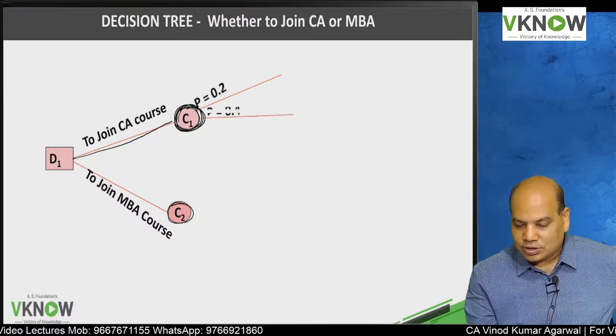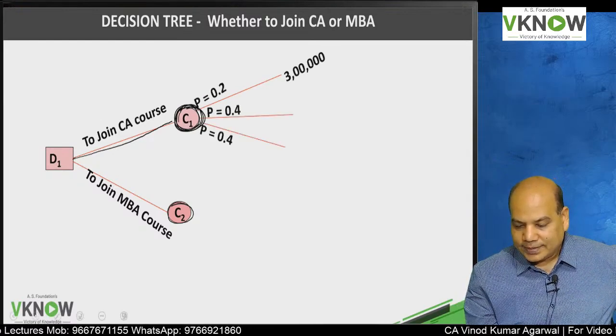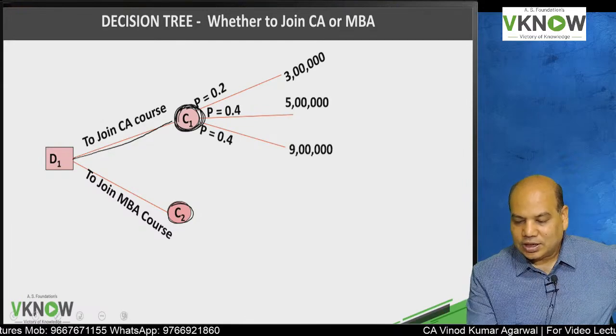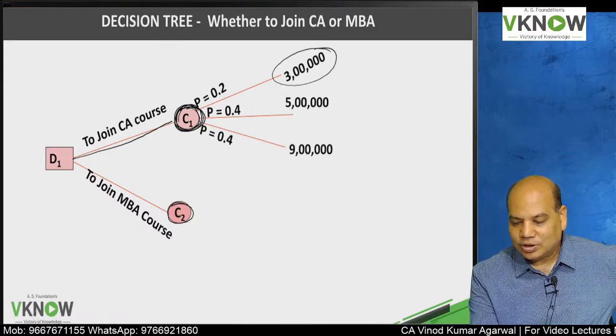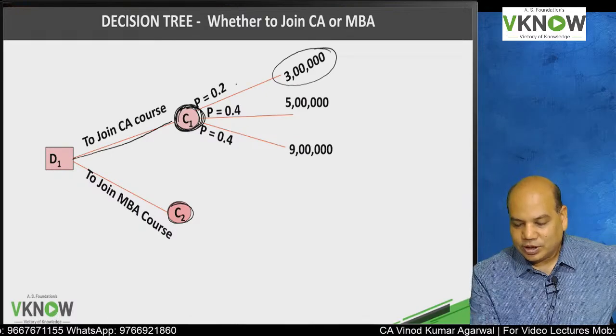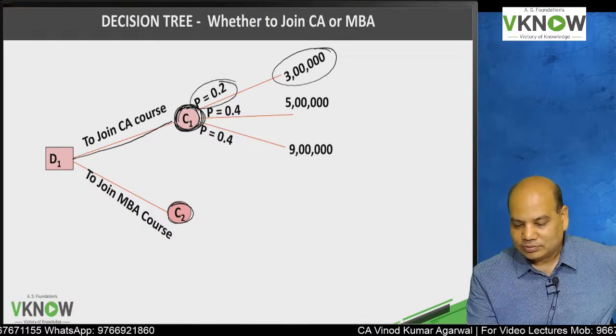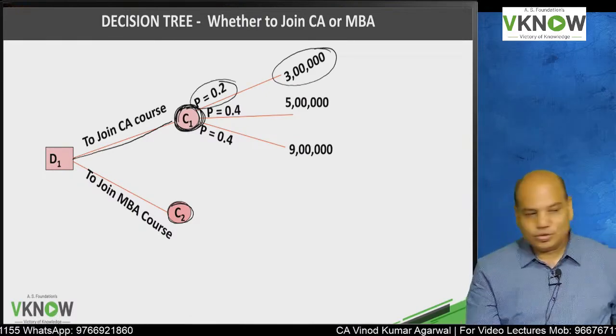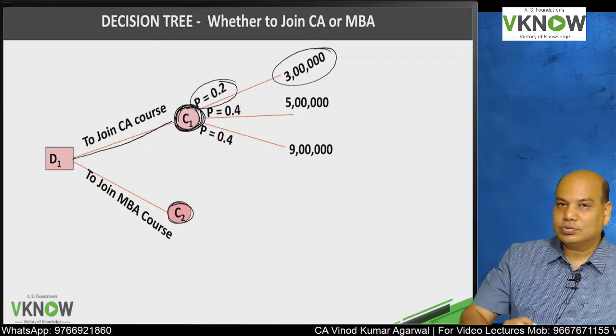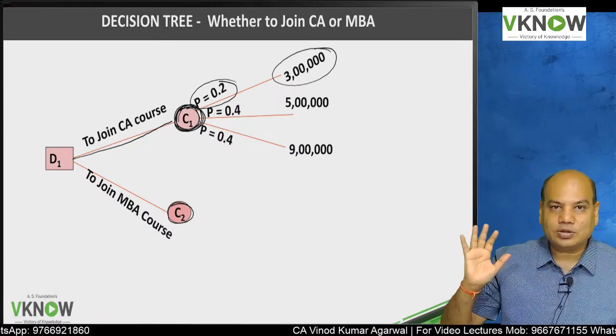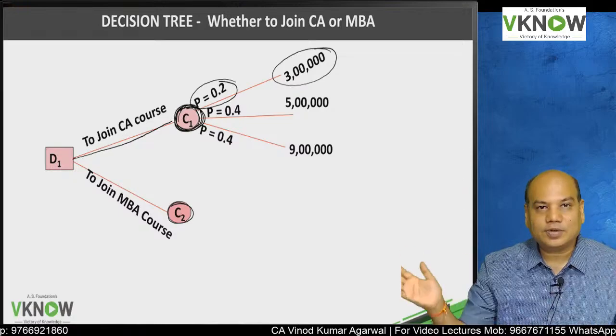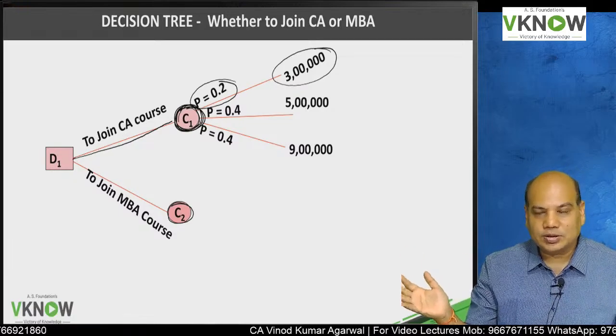So the consequences are, you will get a salary of 3 lakh rupees only, suppose you have taken multiple attempts to pass, whose probability is 0.2. We will include probability also, because outcomes can have different possibilities.